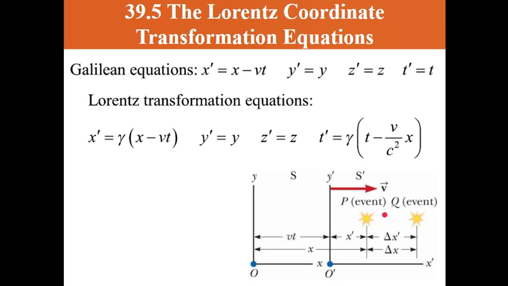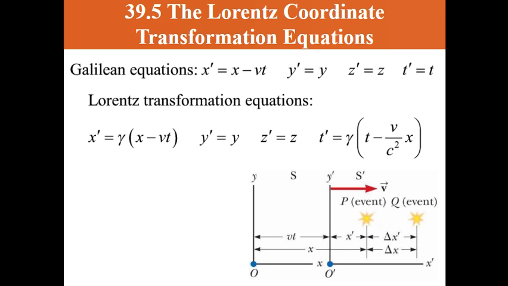However, to make them compatible with relativity and the notions of length contraction, time, and simultaneity, the actual coordinate transformations include a gamma factor. So to switch from the frame S to S prime, you need to account for the Lorentz factor gamma, though only for those coordinates that are associated with the direction of your velocity.